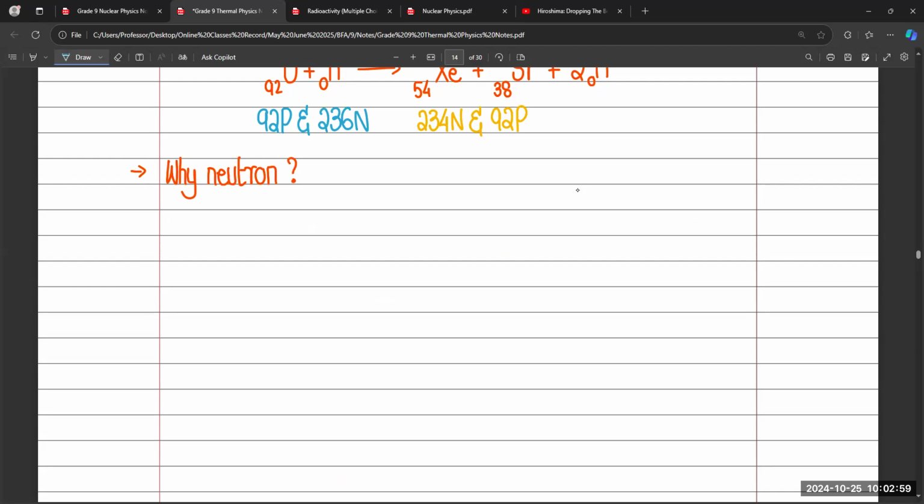First of all, if we talk about proton, proton is already a positively charged particle. So proton would feel repulsion. And why repulsion? Because the nucleus is already positively charged, right?